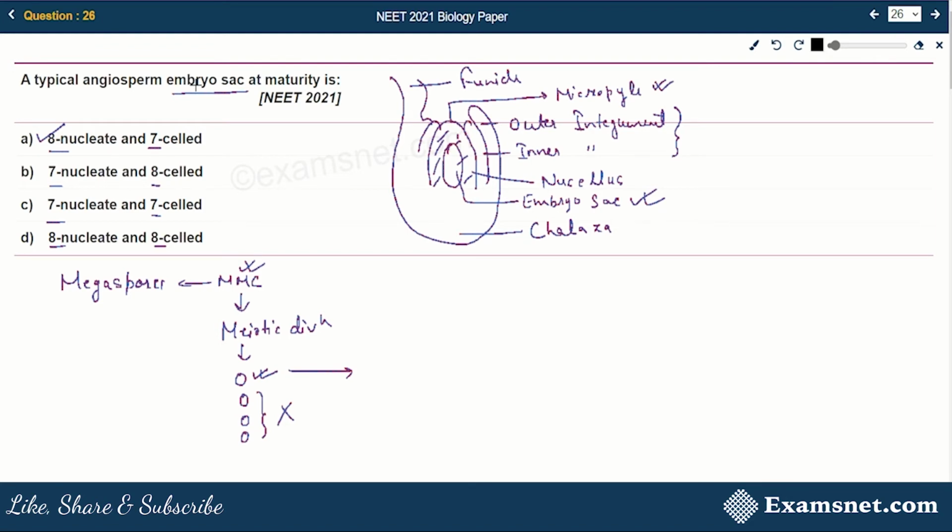Now the nucleus of this functional megaspore divides mitotically into two nuclei, and these two nuclei move to the opposite poles. Two more sequential mitotic divisions take place: one mitotic division here, so two nuclei, and one mitotic division here, again two nuclei.